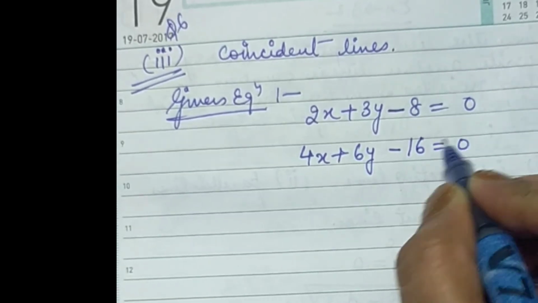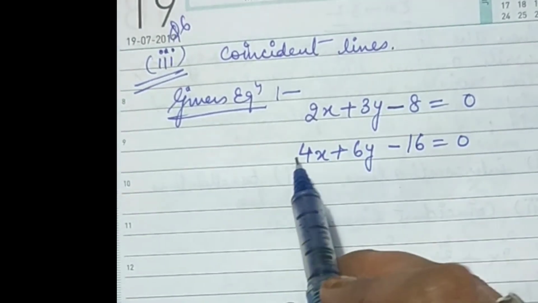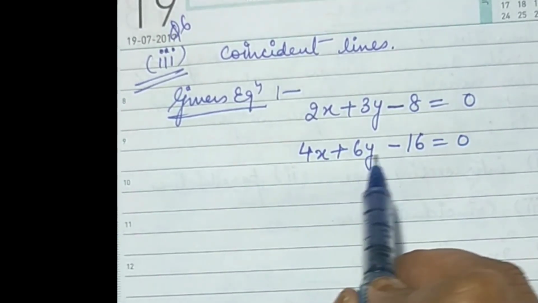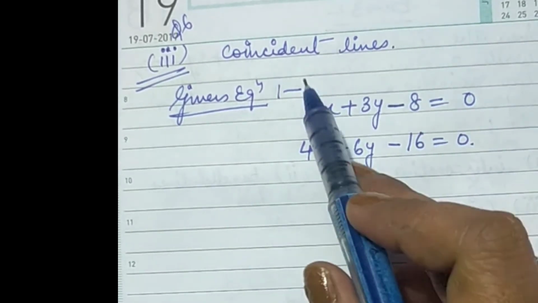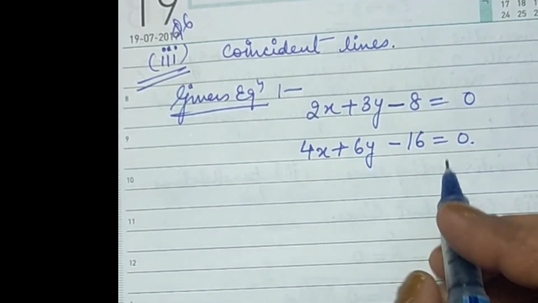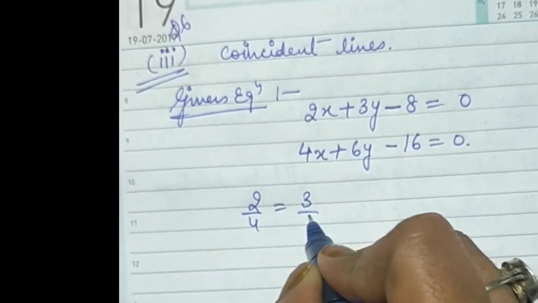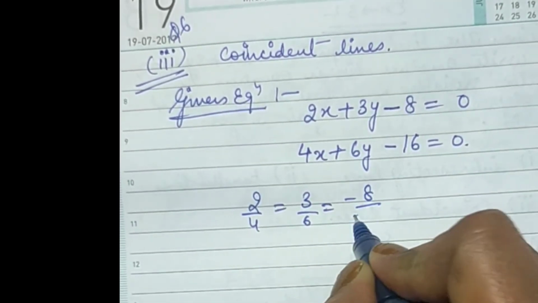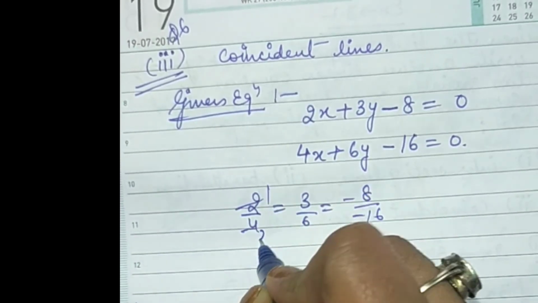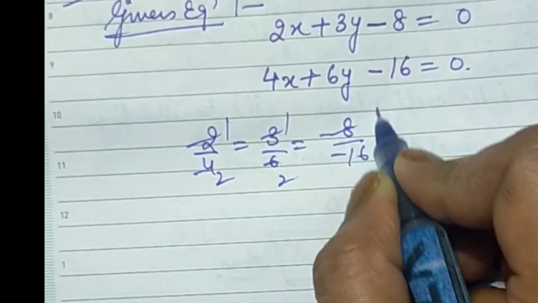That means you will multiply the whole equation by any number, so that the ratios are the same in all the cases. Now you can check 2 by 4, 3 by 6, minus 8 by minus 16. So 1 by 2, 1 by 2, 1 by 2.